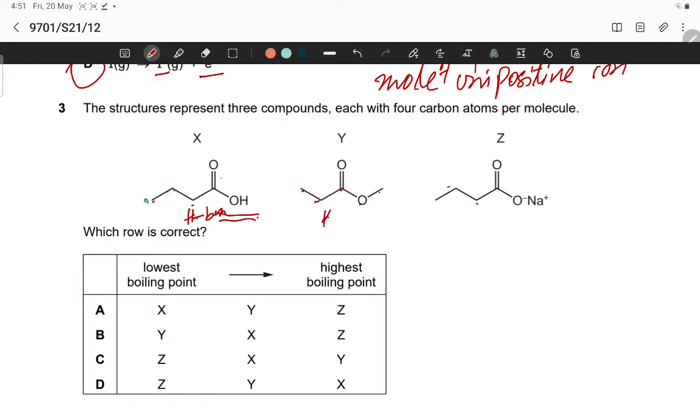So this is ketone, CH3, CH3. No hydrogen bonding is there, so that's why ketone has the lowest boiling point. ONa, this is salt of acid, ONa. No hydrogen bond, but this is an ionic compound.